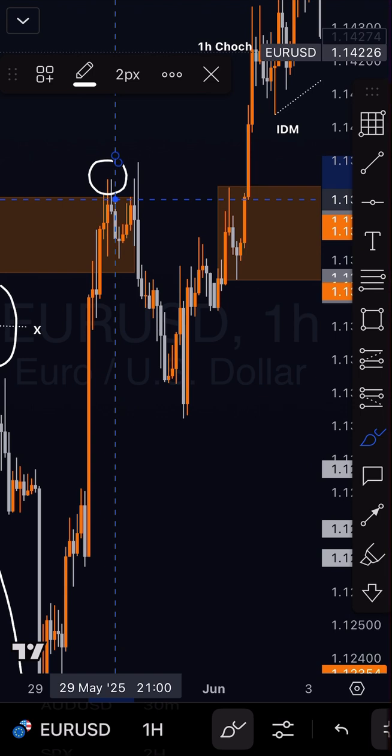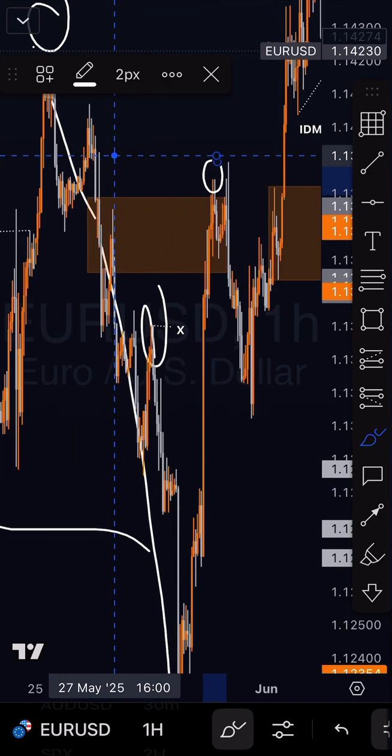Even if I entered this trade, just after I moved my stop loss to break even, the trade ended up going sideways. But that's trading. There's nothing we can do. Nobody knows what's going to happen in the markets, except maybe the hedge funds. You know what I mean?